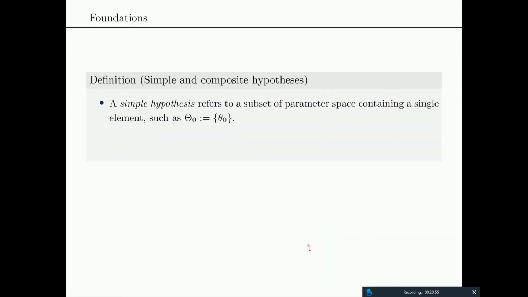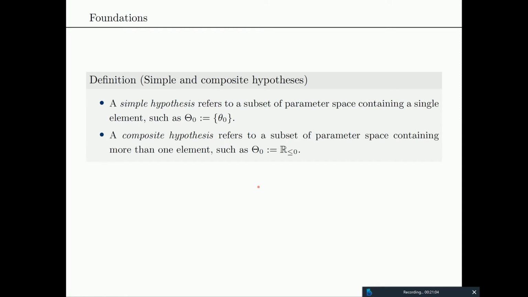In general the null model relates to theta 0, and then you have these test hypotheses. We can specify hypotheses a little more, namely to differentiate simple hypotheses from composite hypotheses. A simple hypothesis refers to a subset of the parameter space that contains only a single element, so that would be theta 0 equals the set that contains only a single value, theta 0.